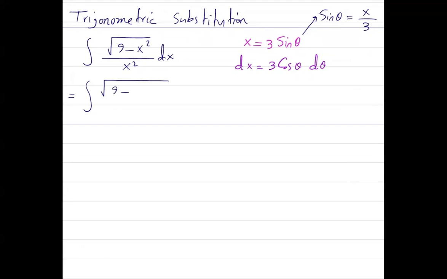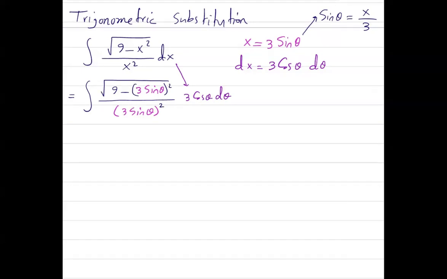My x is 3 sine theta, and I'm going to raise it to the second power, divided by, what is my x squared? Again, I have 3 sine theta raised to the second power, and my dx is 3 cosine theta d theta. Very good. So far, it's not that bad. We got rid of x, wrote down everything in terms of theta.